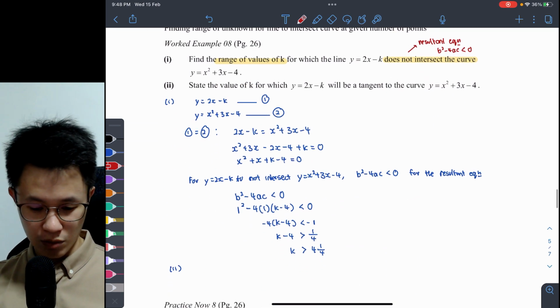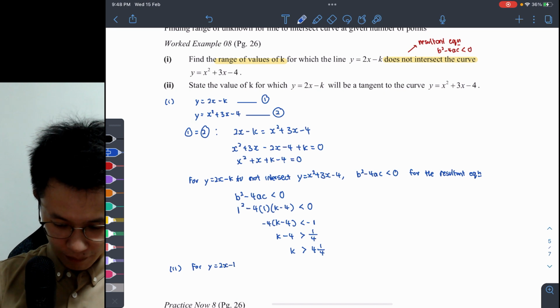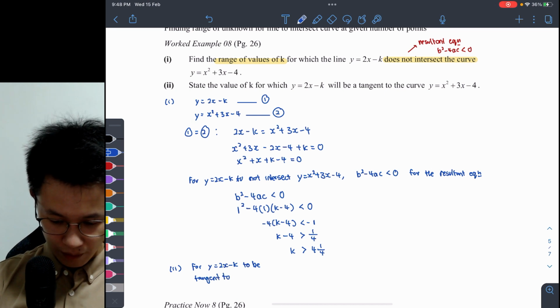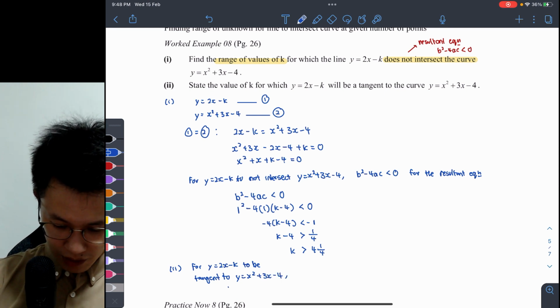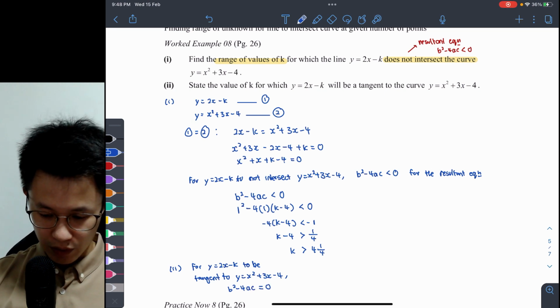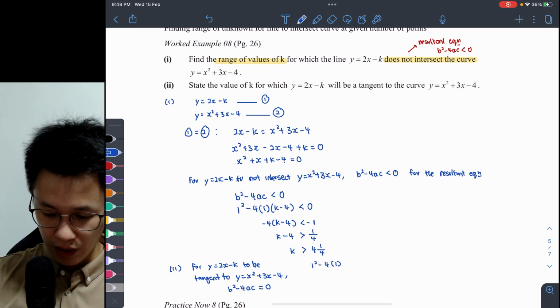So since it's tangent, for y equals 2x minus k to be tangent to y equals x squared plus 3x minus 4, b squared minus 4ac must equal 0. So we have 1 squared minus 4 times 1 times k minus 4 equals 0.